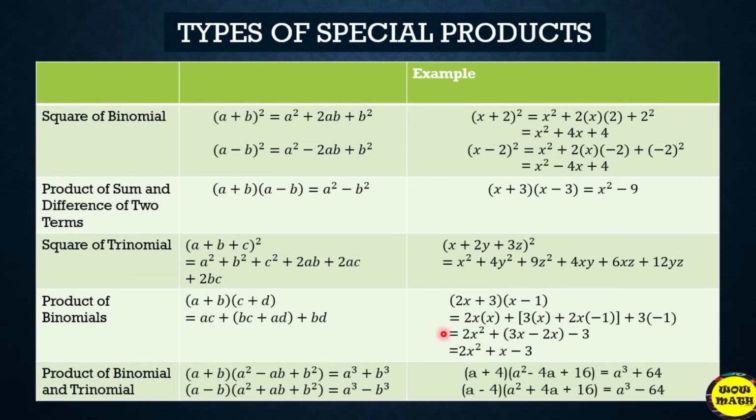Okay? So, these are the concepts of special products. Alam ko familiar na kayo sa square of a binomial, product of sum and difference of two terms, square of trinomial, product of binomials, product of binomial and trinomial. So, these are the types of special products. Tinawag siyang special products kasi meron siyang unique pattern.